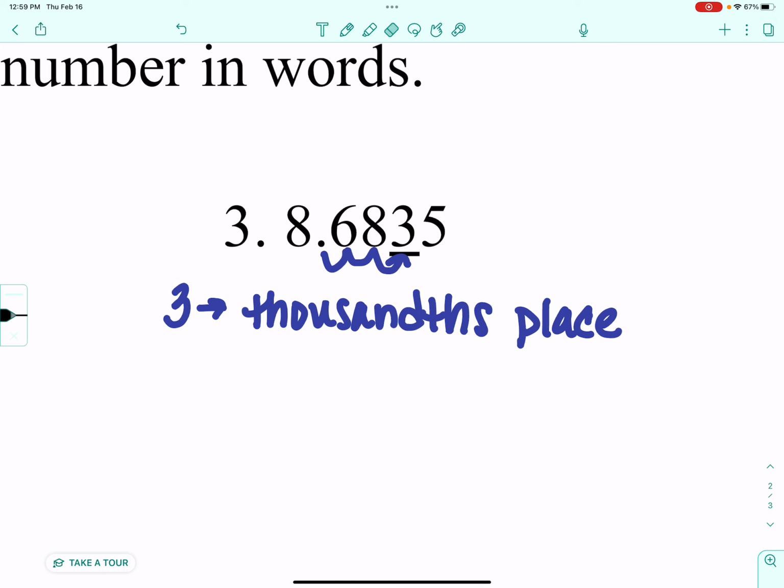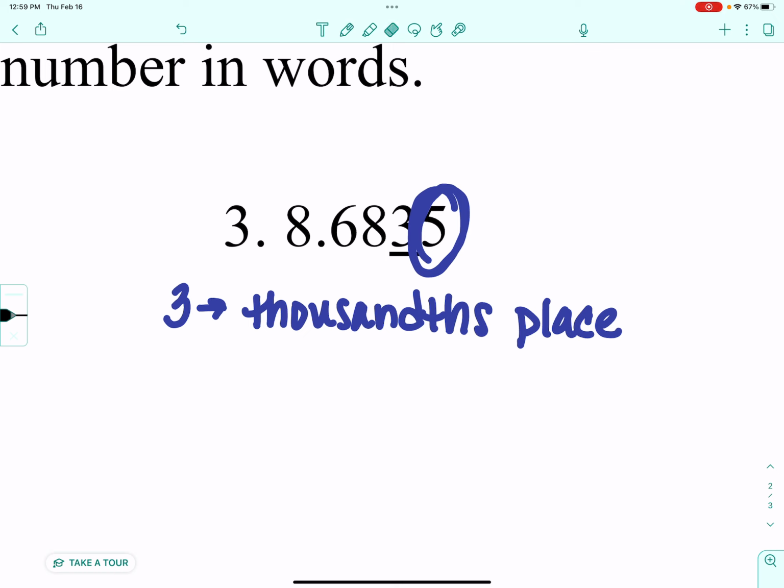Now, when you read decimals, the only place value word that gets used is the one for the last decimal place.